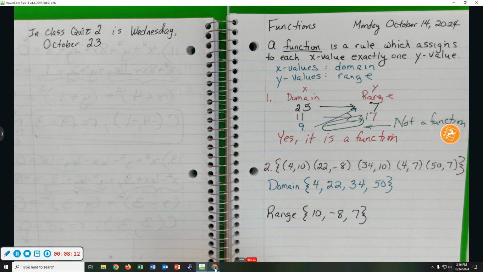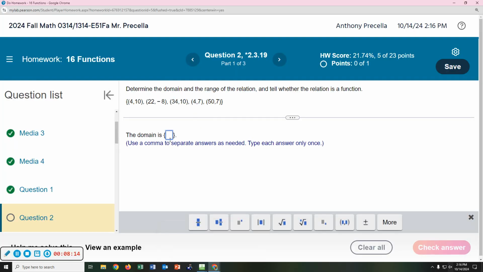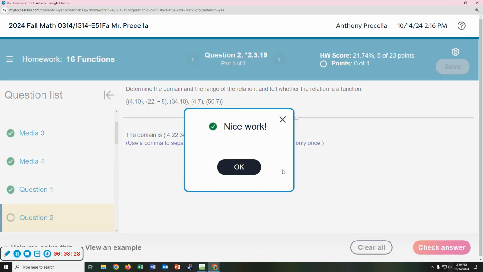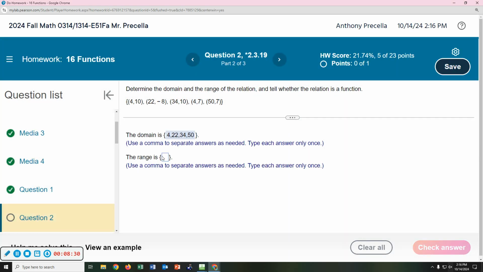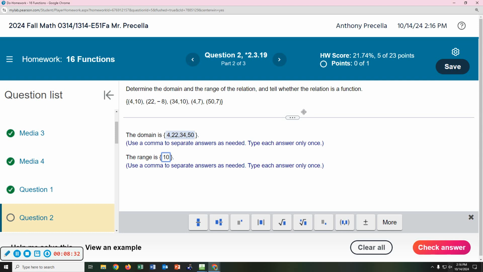Go type those numbers in. Okay, so that was 4, 22, 34, 50. Notice it's nice of them to already have those set braces for us. And now the range. 10, -8, 7.